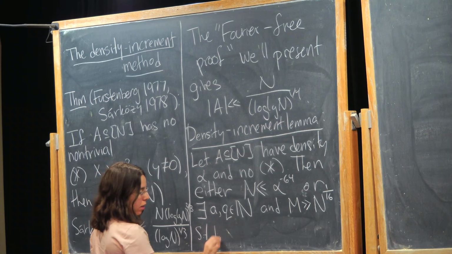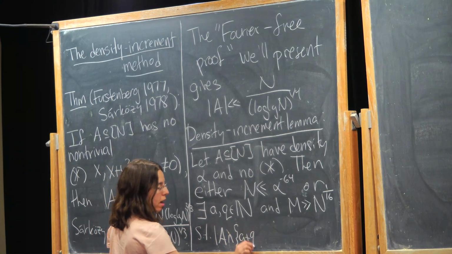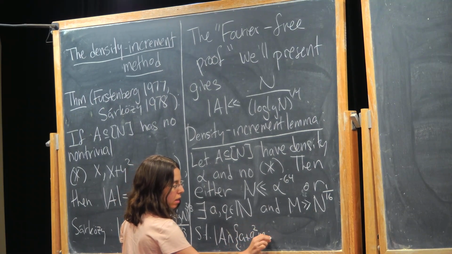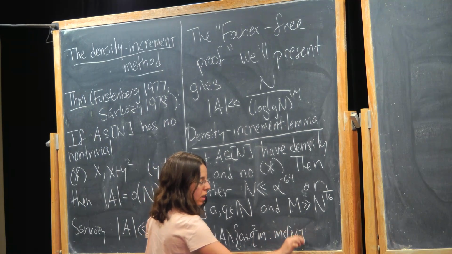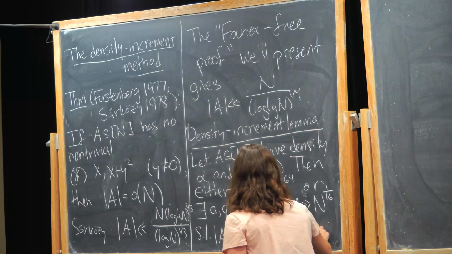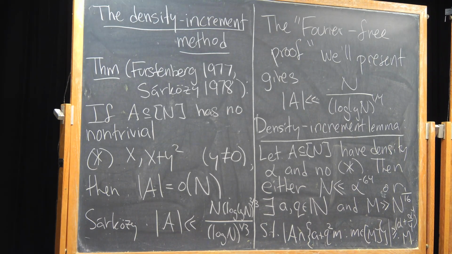So such that the size of the intersection with the arithmetic progression, a plus q squared m, or sorry, this will have common difference q squared, with m ranging up to M, is at least alpha plus alpha to the 4th over 4 times M. Okay, all right, so this is what I mean by increased density.